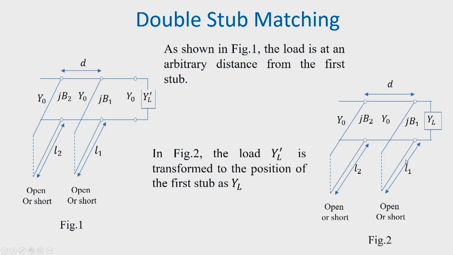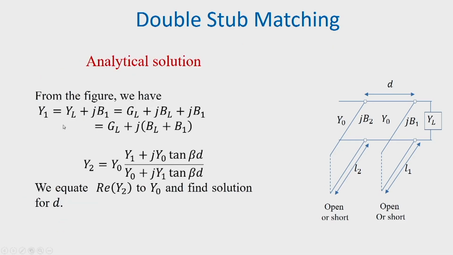Now, what we need to determine again are the values of D, L1 and L2 depending upon the type of the stub that is being used. So, we can write Y1, that is admittance at the location of the first stub, as YL plus j B1, which can be written in this form, GL plus j (BL plus B1).